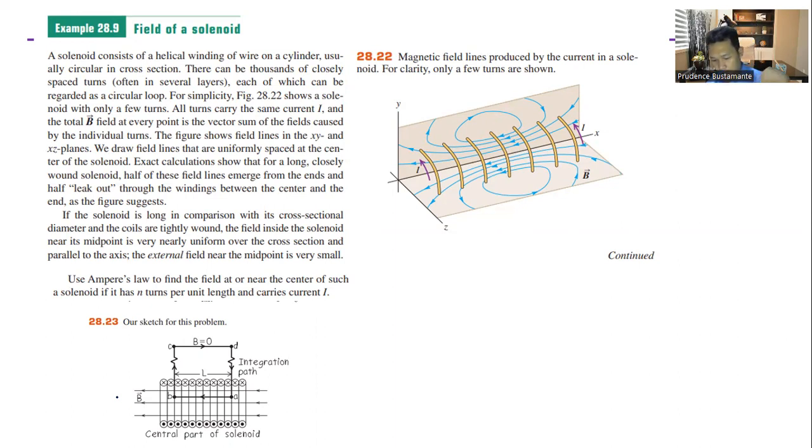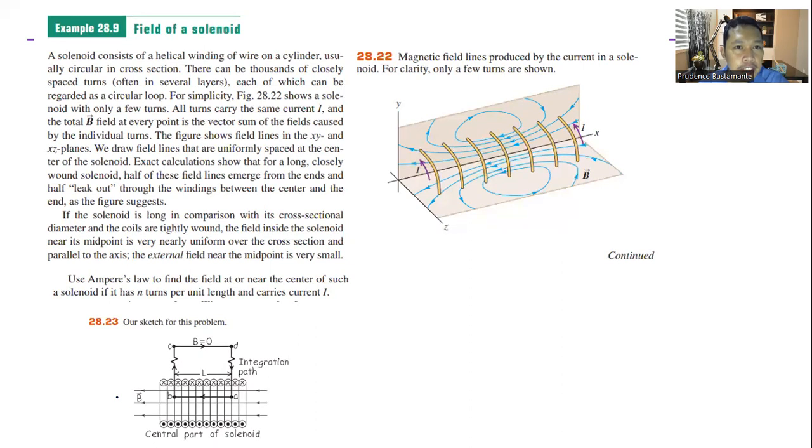You can find the solenoid in figure 28.24. There can be thousands of closely spaced turns, often in several layers, each of which can be regarded as a circular loop. For simplicity, figure 28.22 shows a solenoid with only a few turns.